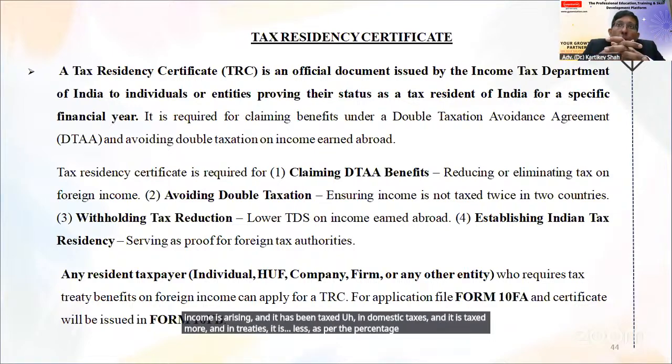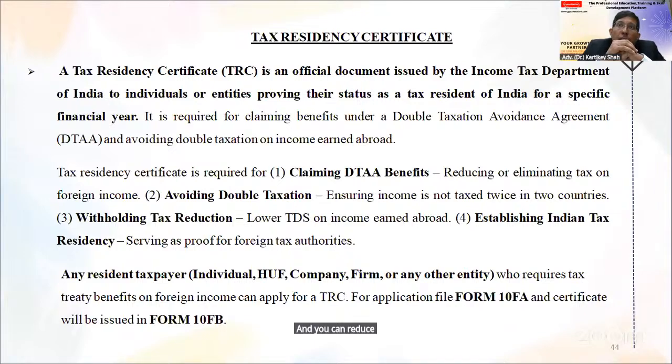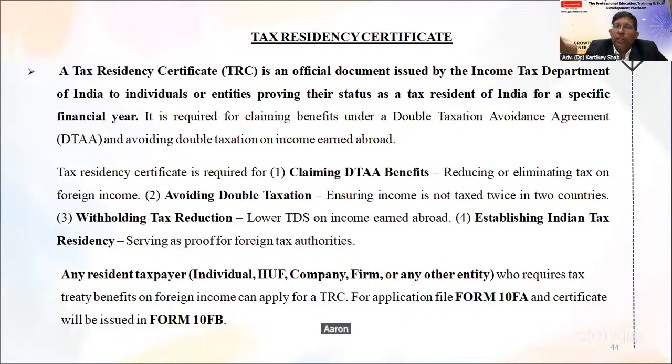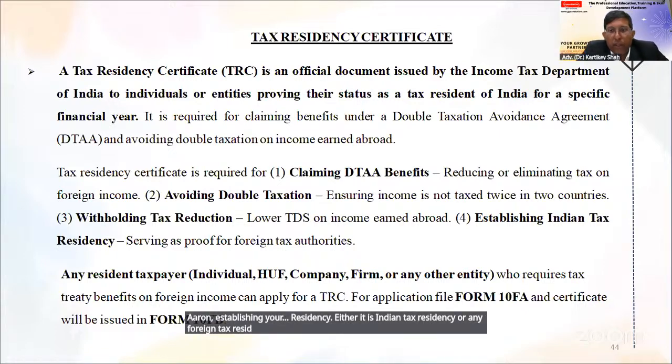Then with the help of the tax residency certificate, you can reduce the withholding tax so that as per the treaty you will be charged less tax. So for lower TDS, the tax residency certificate is important, and establishing your residency, either Indian tax residency or any foreign tax residency, is important.